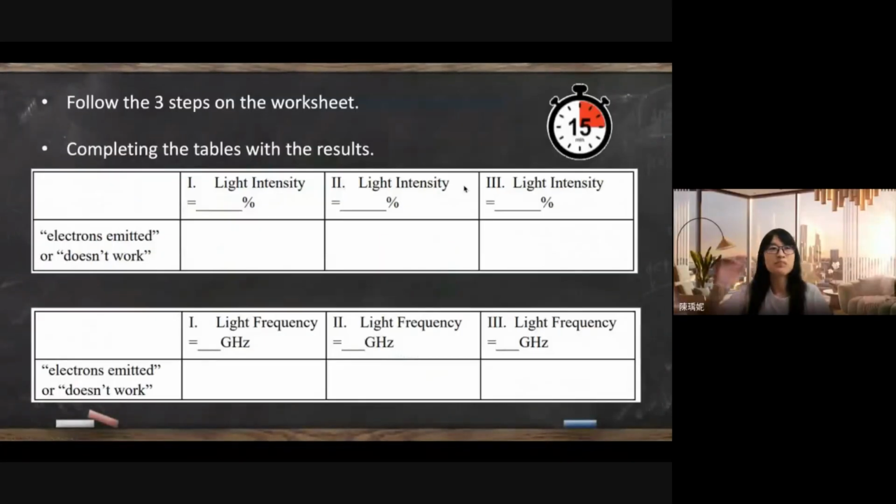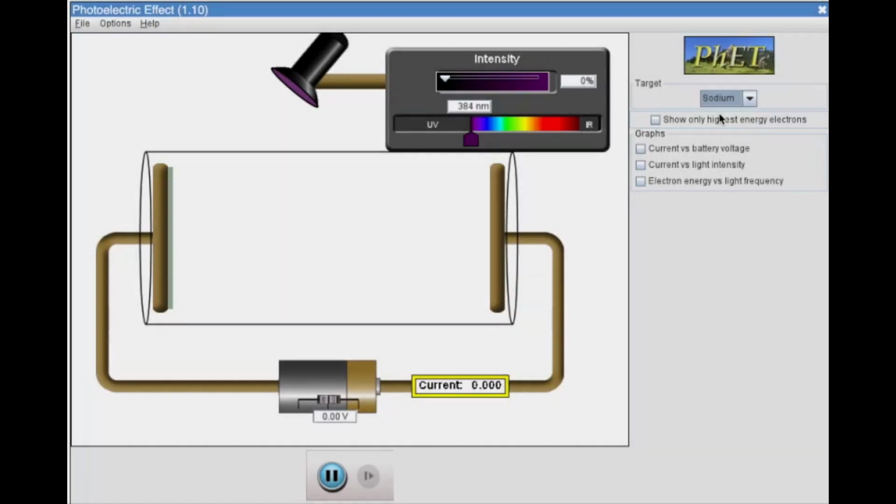Next, please follow the steps on the worksheet and record your results. First, fix your light frequency and change the light intensity. Second, fix your light intensity and change the light frequency. We'll have 15 minutes for you.